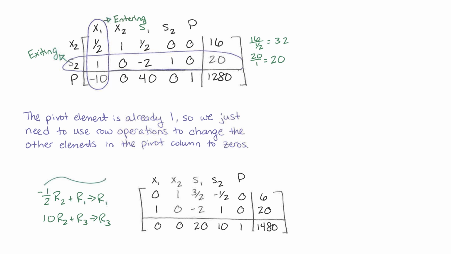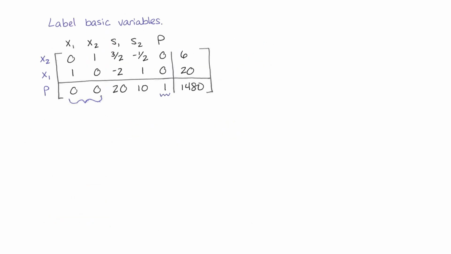Row 2 remained the same, 1, 0, -2, 1, 0, 20. And we have a new row 3, 0, 0, 20, 10, 1, 1,480.